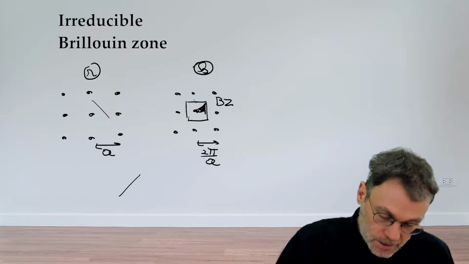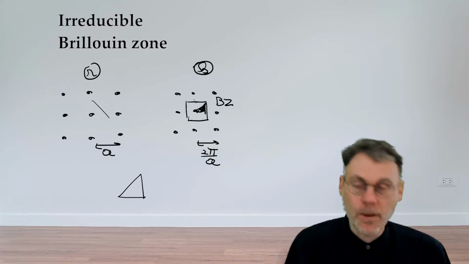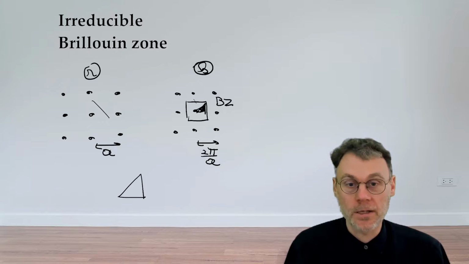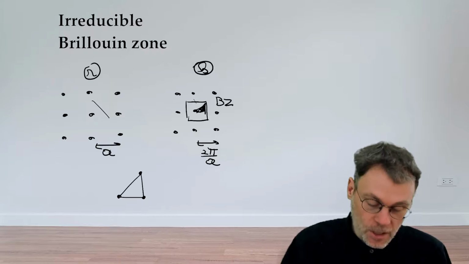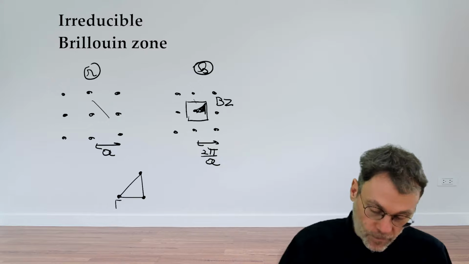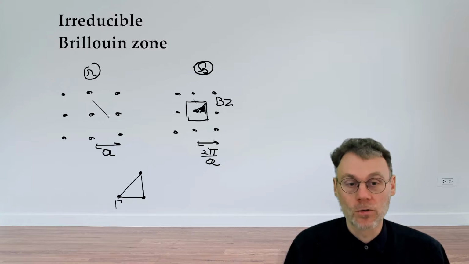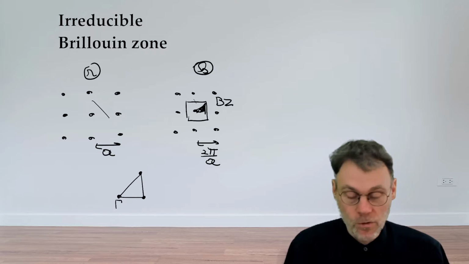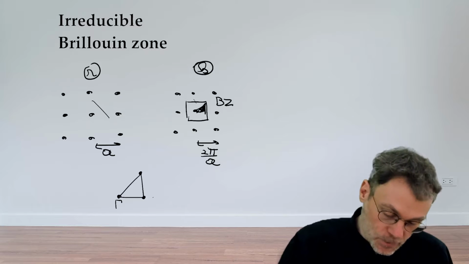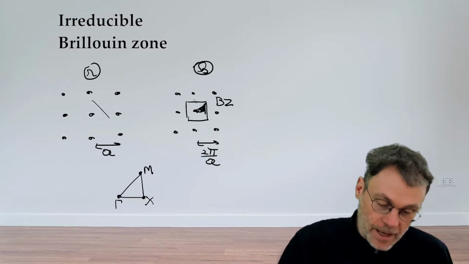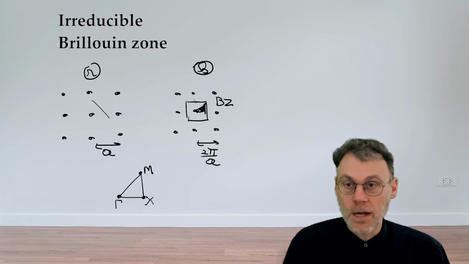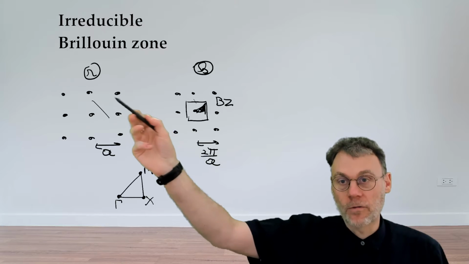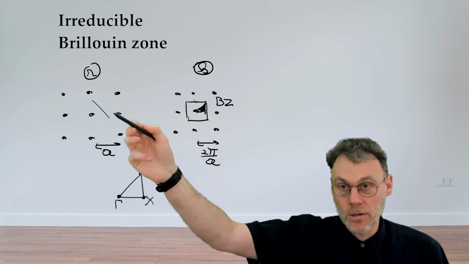By the way, for this little triangle in k-space for our square lattice, the corner points have special names. The origin of this irreducible Brillouin zone is called the gamma point, so that's the 0 point in k-space. Then this point over here is called the X point, and this is the M point. So Γ-X is a direction from the origin to the nearest neighbor.